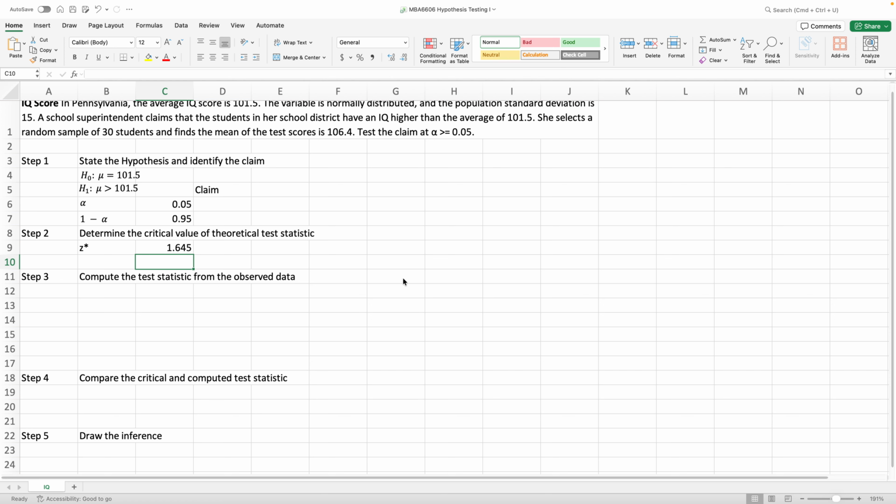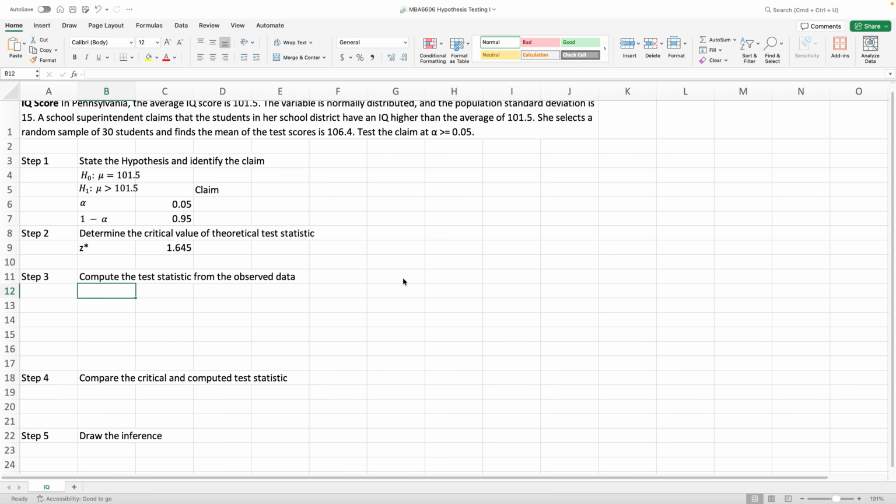So 1.645 is the theoretical test statistic. Now we will compute the Z from the observed data, and check whether it is greater than 1.645 or less than that.